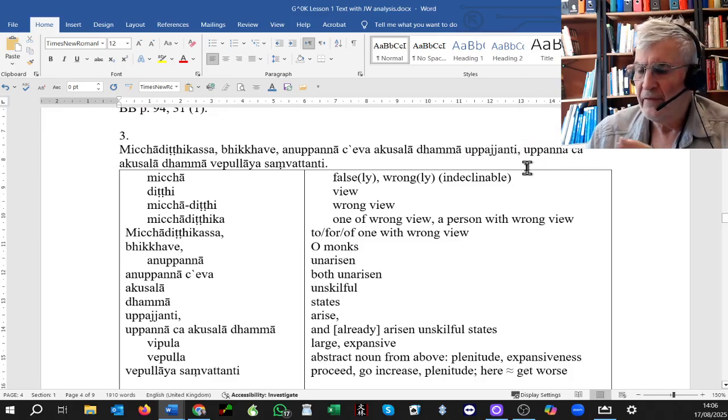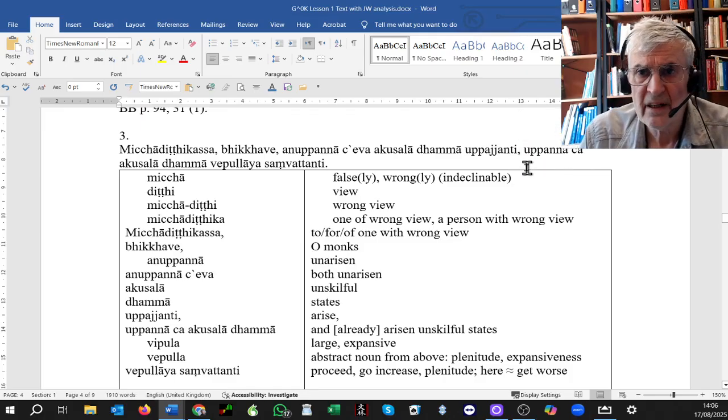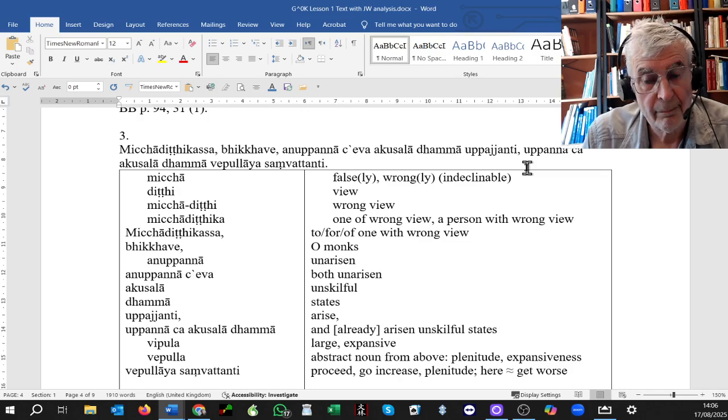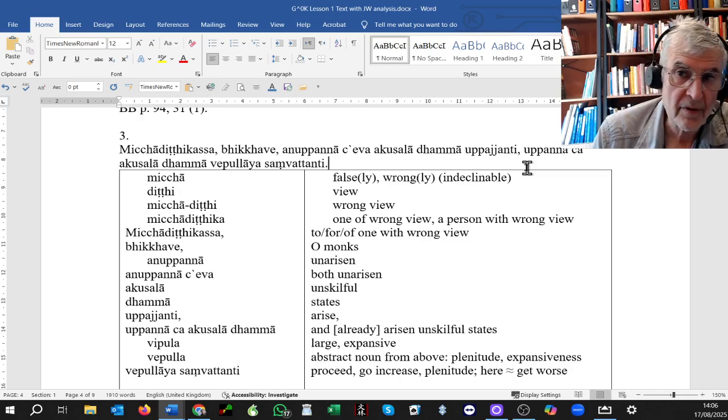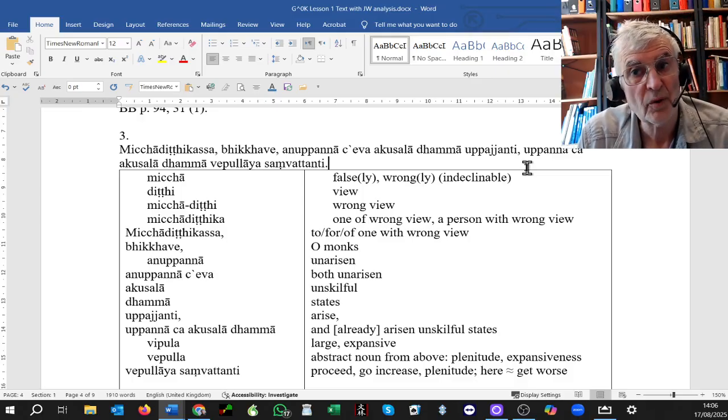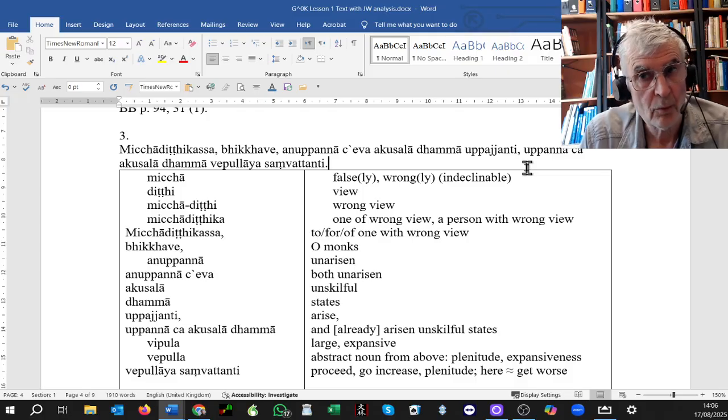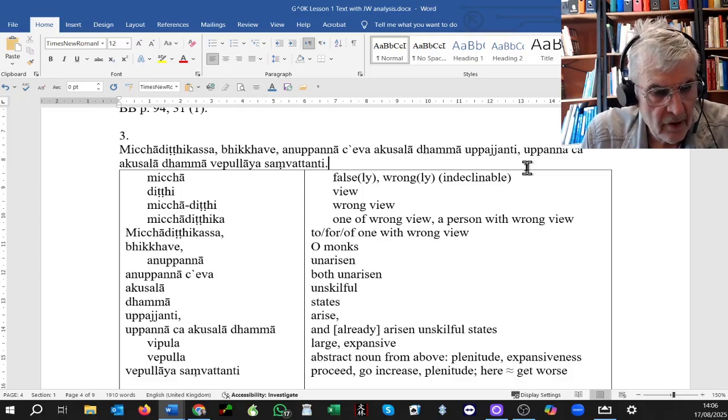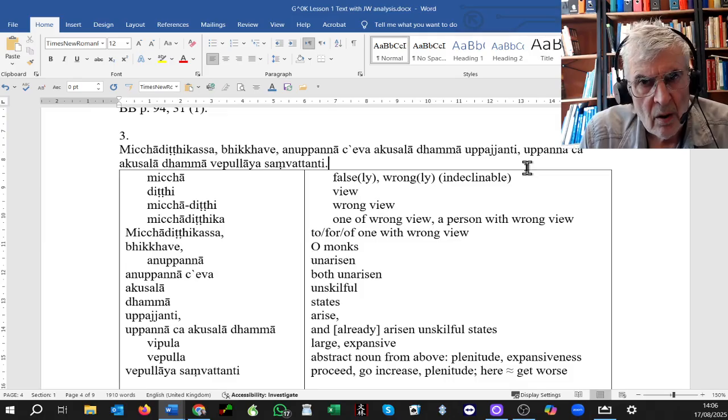Most of you will be familiar with the term in Pali, paticca samuppada. The noun from utpad is in Sanskrit utpada, and with the further prefix sam, it's samutpada. In Pali, samuppada, meaning origination or arising.